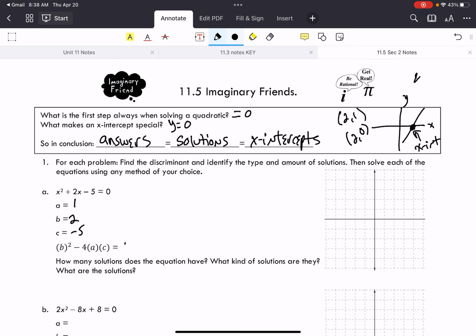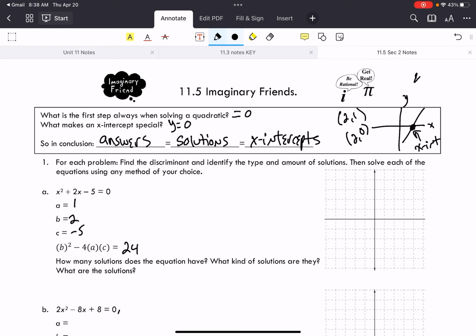Okay, I got 24. Anyone else get 24? Okay, so is that a perfect square? 25 is. So is 24 a perfect square? No. So how many solutions does the equation have?